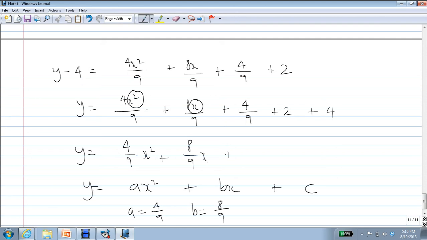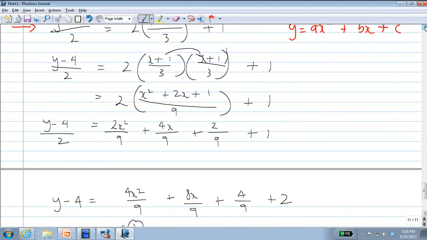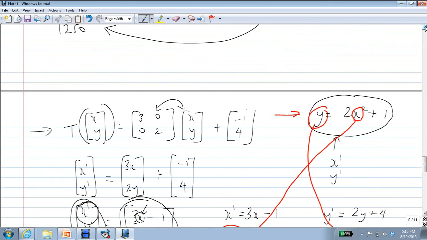And my c term is the sum of 4/9, 2 and 4, and because it's written this way, it's probably easier just to write it as 6 and 4/9. If I wanted to, I can convert that to an improper fraction, which would be 58 on 9. So there is an example of how we do transformation using matrices, and we just follow this process each time.